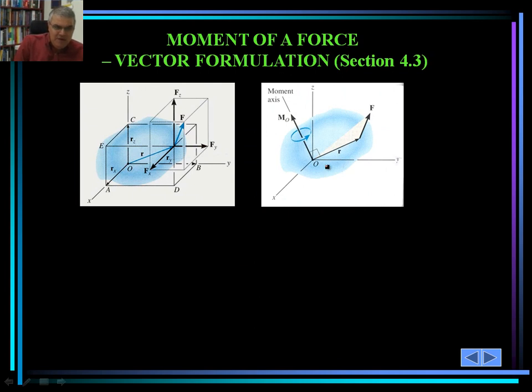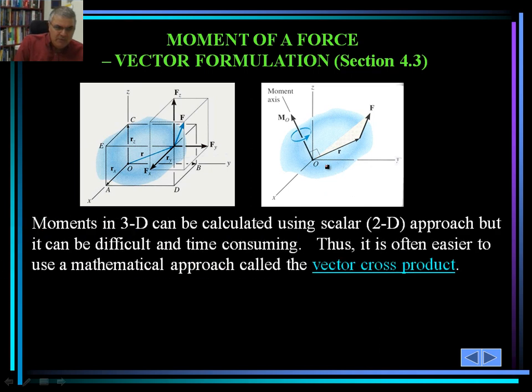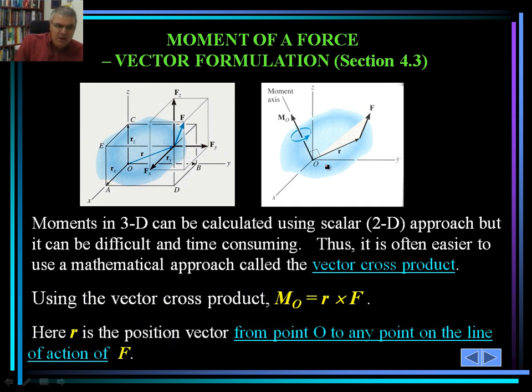So if you want to use the vector formulation of moment of a force, we can calculate it using, again, a 2D approach, but it can be difficult and time consuming. So it is often easier to use the vector cross product.